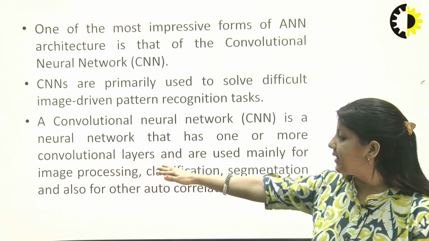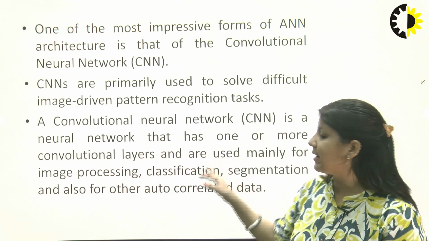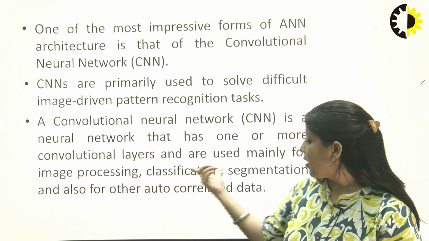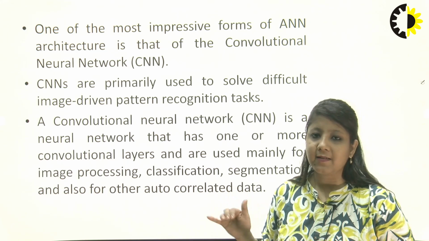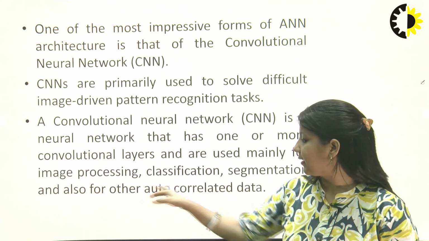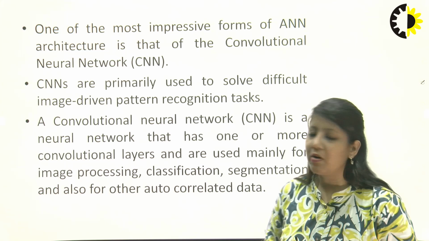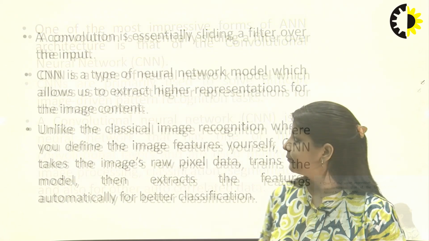These convolution layers are used mainly for image processing, image classification or image segmentation. These are the various purposes where we can apply CNN, and also for autocorrelated data.